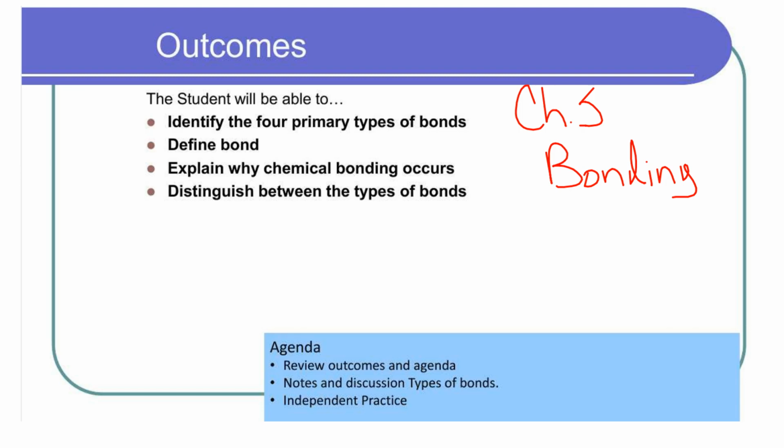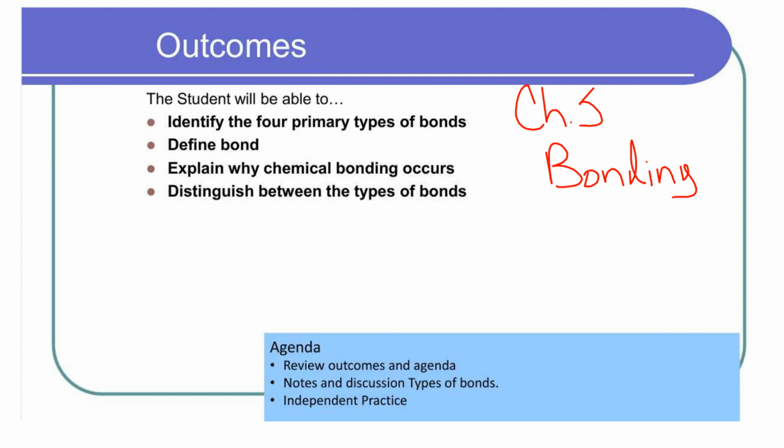All right. So today we're beginning chapter 5. Chapter 5 is bonding. So our goals for today is to identify the 4 primary types of bonds. We're going to define a chemical bond. We're going to explain why chemical bonding occurs at the most basic level. And then we're going to distinguish between types of bonds.